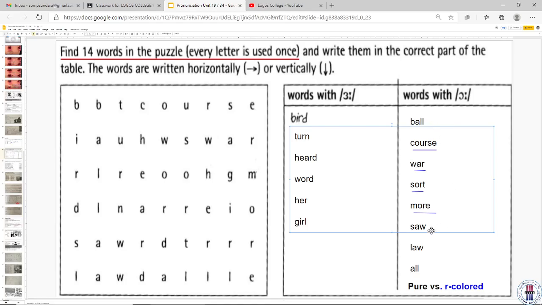Ball, saw, law, all, course, war, sort, more. So technically, yes, they all have the all sound, but when we add an R, if an R comes after the all sound, it changes to the or sound.